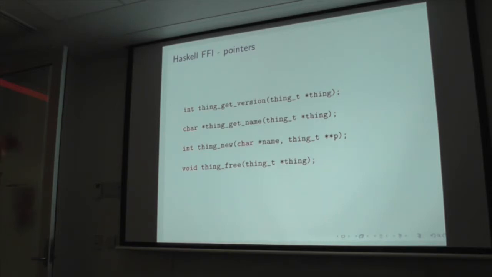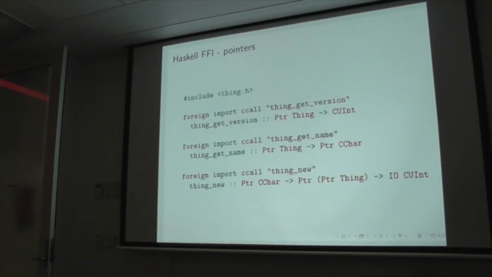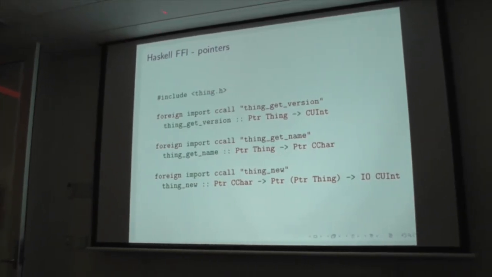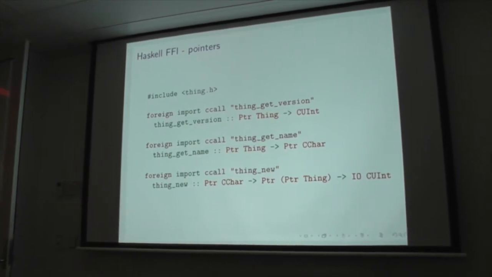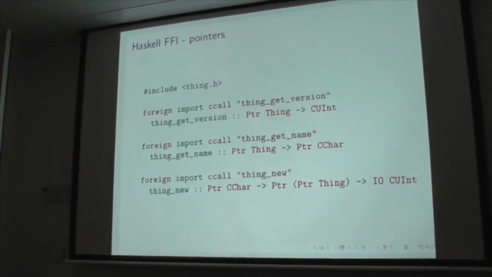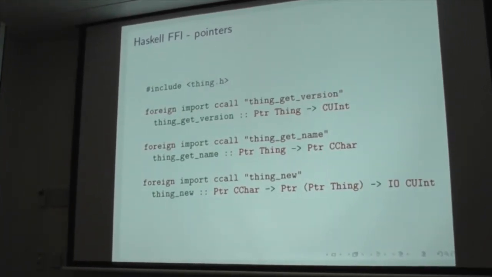So yeah, this is just a made up API. I've got some examples a little bit later that is close to this API but slightly different. Okay, so to actually write a binding to this API, we can include thing.h, and up on the top we will already have our language pragma for the foreign function interface and so on. You say foreign import C call thing get version.